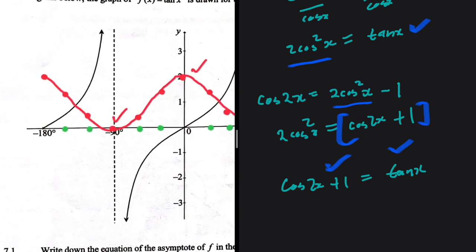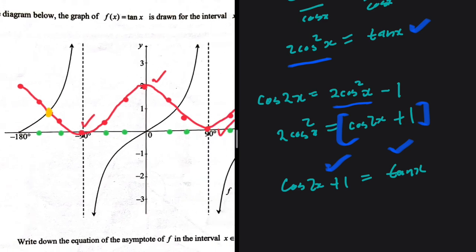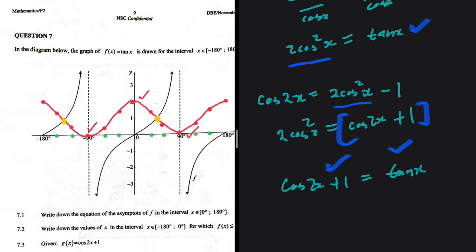So if we go there, we can see clearly here that they are equal to each other at that point there, okay? And then where else are they equal to each other? They are equal to each other at that point. They're equal to each other at that point. Do we have any other point where they are equal to each other? It seems like those are the only points where they're equal to each other. So we need to read off those points.